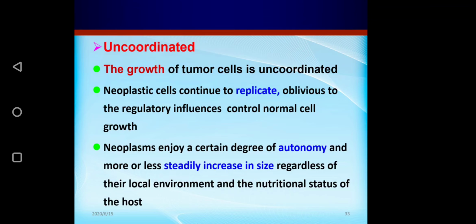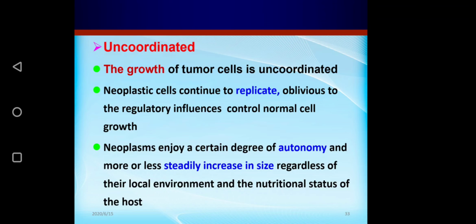The second feature is uncoordinated. The growth of the tumor cell is uncoordinated. Neoplastic cells continue to replicate, and the neoplasm enjoys a certain degree of autonomy and more or less increases in size, regardless of the local environment and the nutritional status of the host.